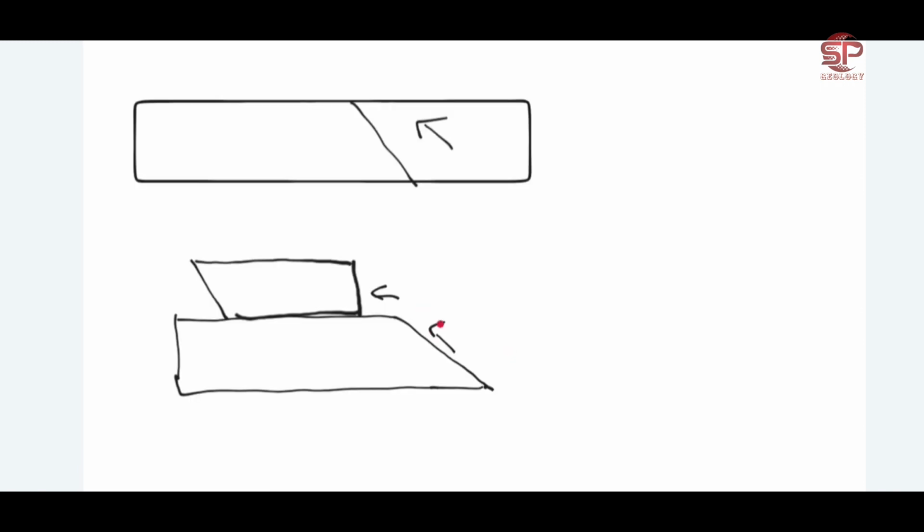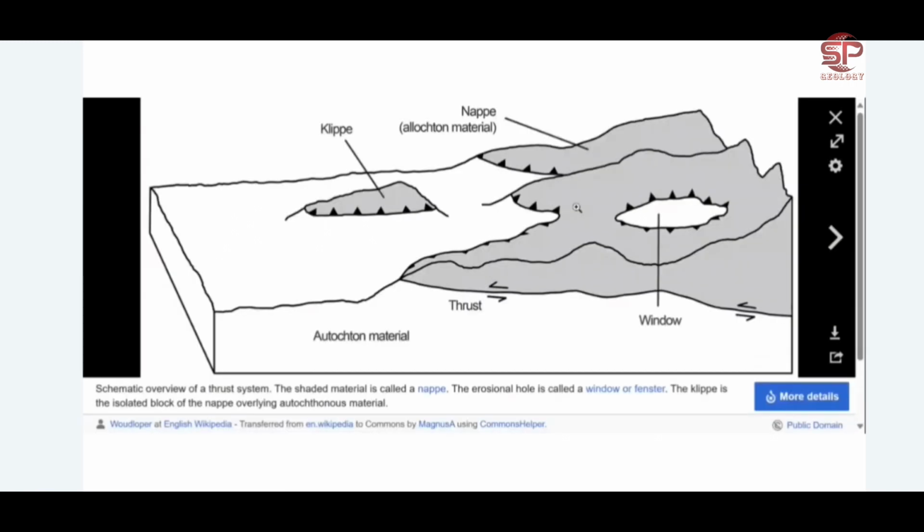This is thrusting, where this block of rock is now moving over this one. This diagram also represents that thing, where the upper unit is moving over the lower unit.